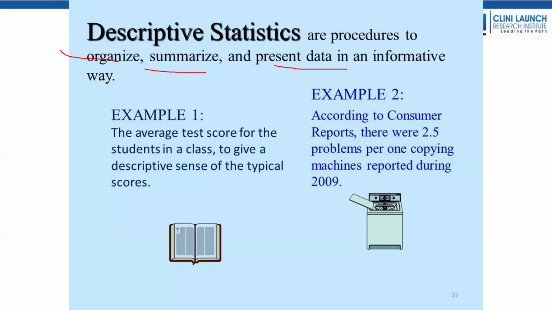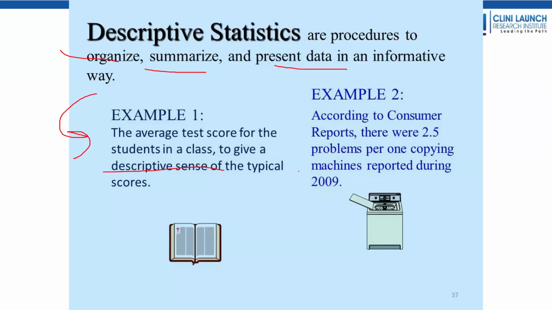So example here, the average test score for the students in a class to give a descriptive sense of a typical score. Overall, I don't want all the students' grades. Overall, tell me whether the students are studying well or not. So I will take out the average test score and I'll say most of the students have scored 80%, like that.